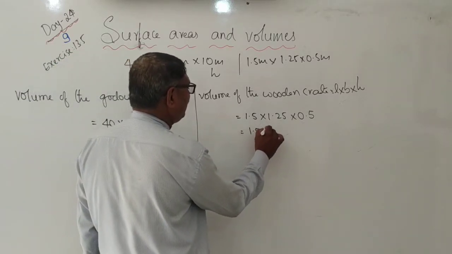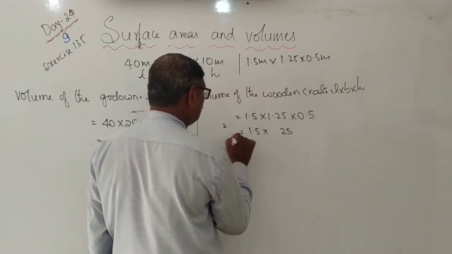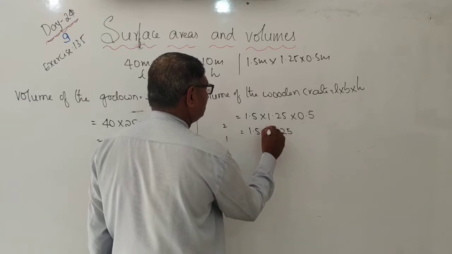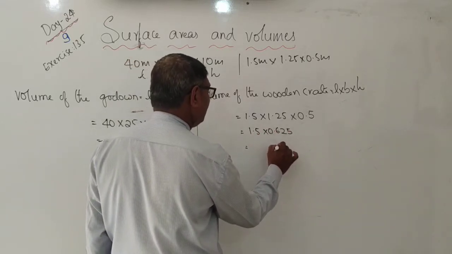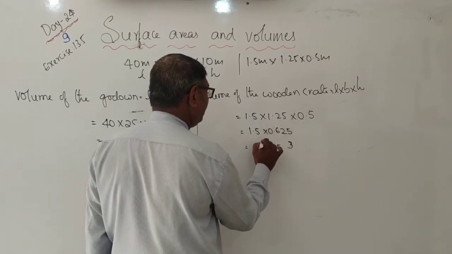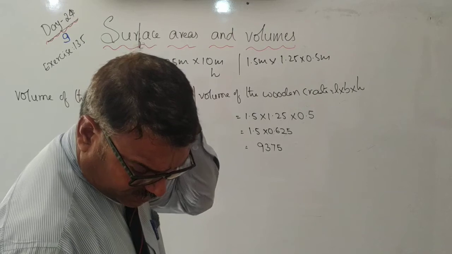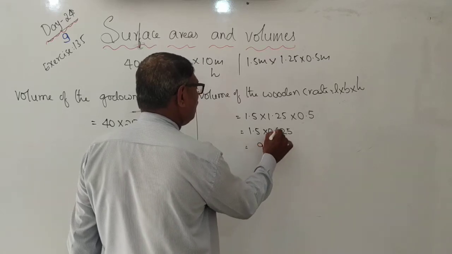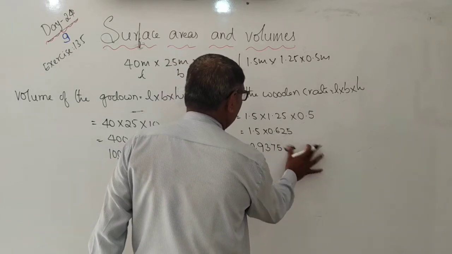You can find out: 1.5 into 1.25 is 1.875, and into 0.5 gives 0.9375 meter cube.